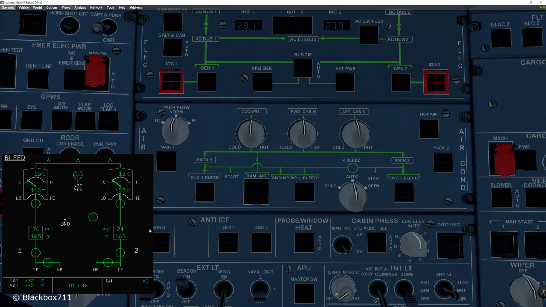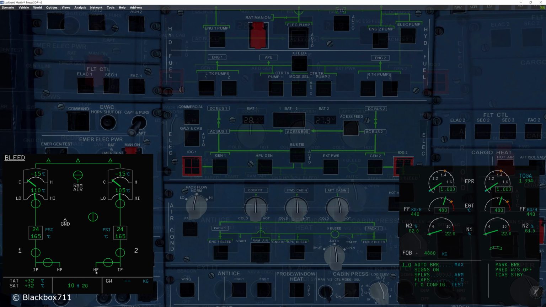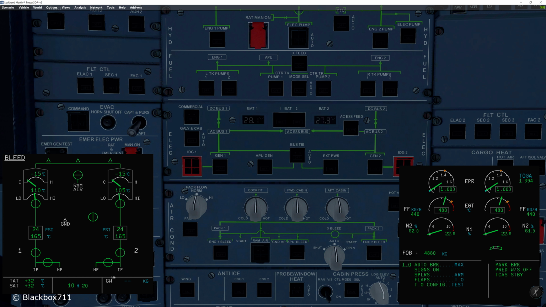All right, so here we are in the cockpit. We've selected the bleed SD page, and right next to it we can see the air conditioning panel. At the moment, the bleed system is fed by both the intermediate and the high pressure valve, because we're pretty much at idle power at this stage.